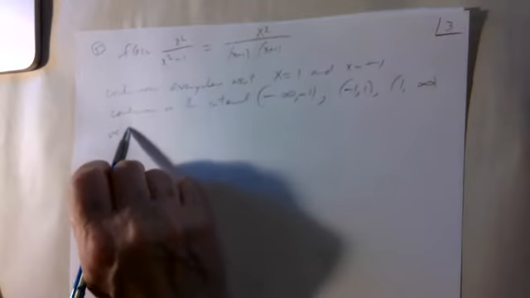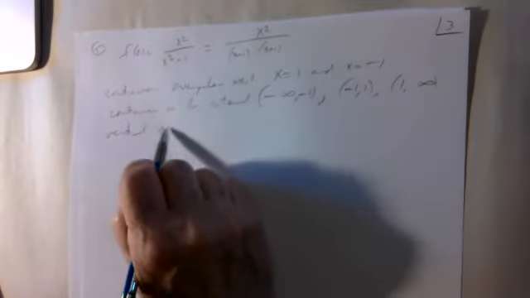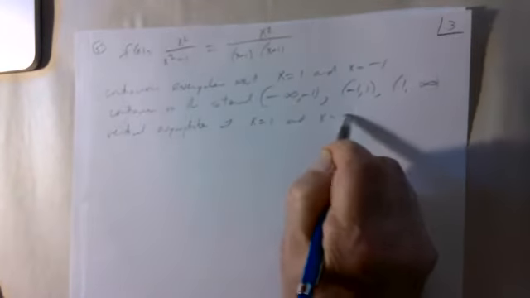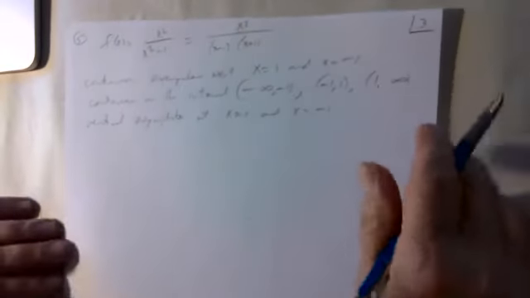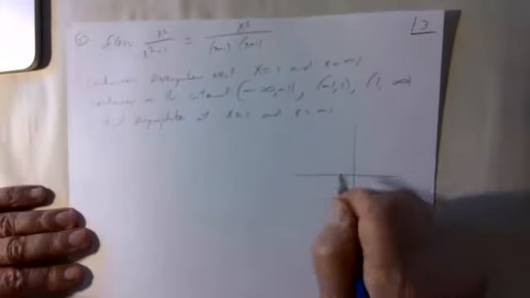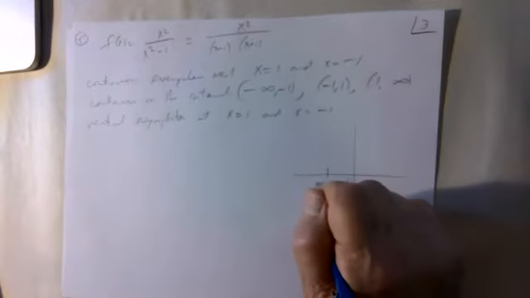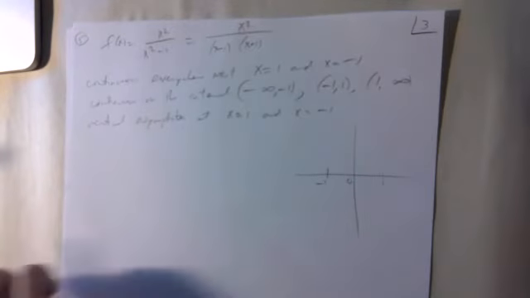And you have vertical asymptotes at x equal 1 and x equal minus 1. So this is minus 1 and this is 1.